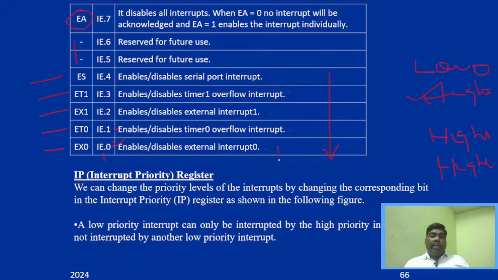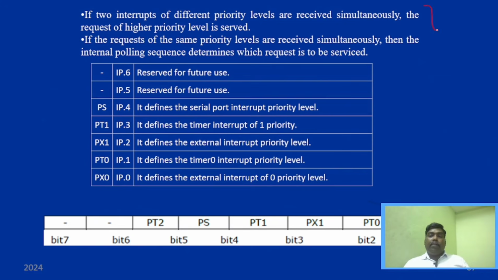So this interrupt has the highest priority, this has the second priority, third, fourth, and fifth priority. If both are high, then depending upon this priority, it will give access to that particular interrupt. So that is about the interrupt priority register. Whatever I said is what is explained here. Hope you understand it.